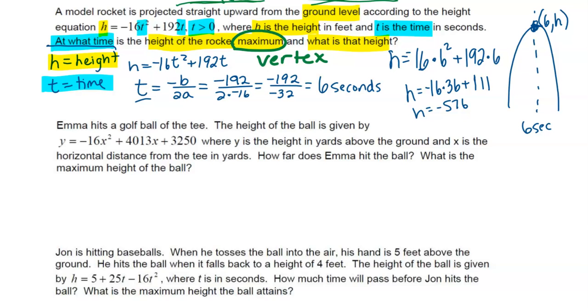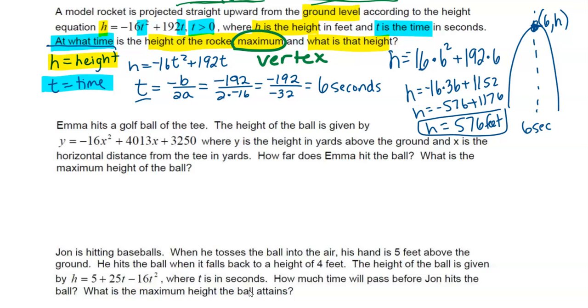What's 192 times 6? 1152. So it ends up being 576 feet, I think. Is that right? Yeah.